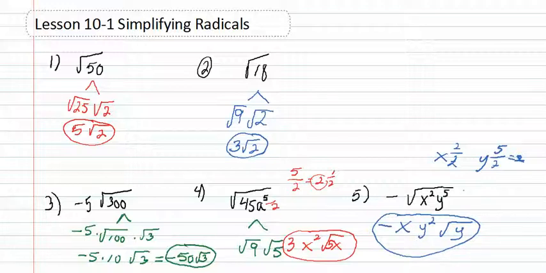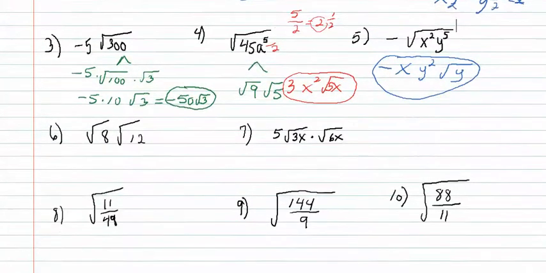I take the 5 and divide it by 2; 2 will go into 5 2 times. I put the y squared outside of the square root symbol, and what's left over I put inside of the radical. So there was my answer. Okay, next part of this, move up.